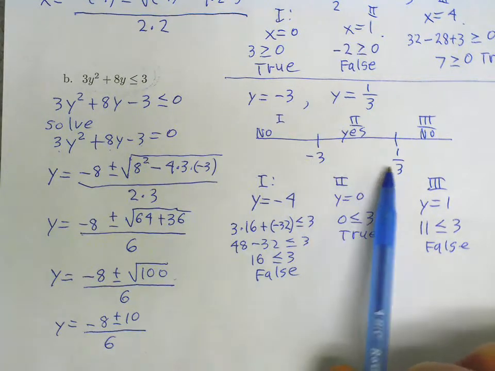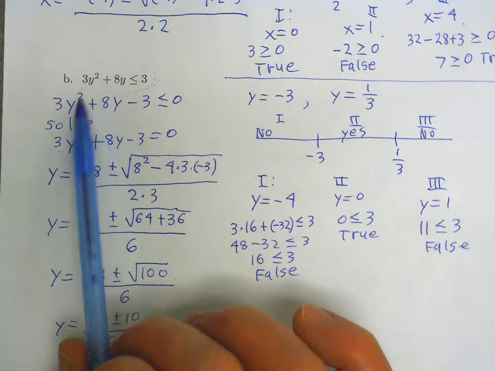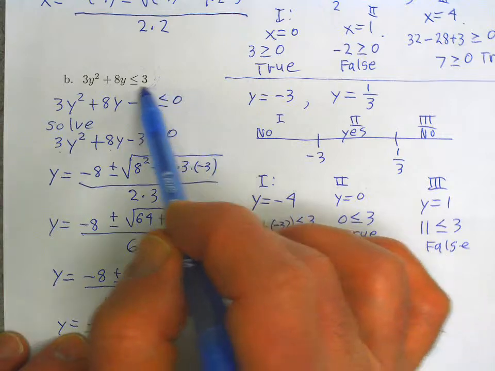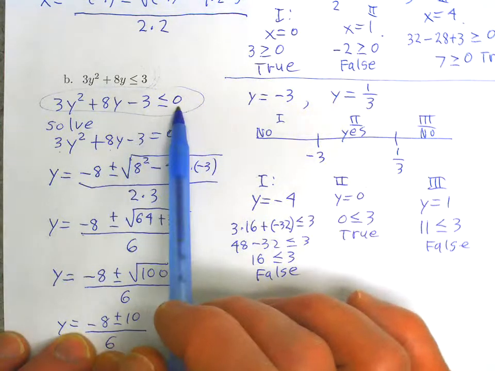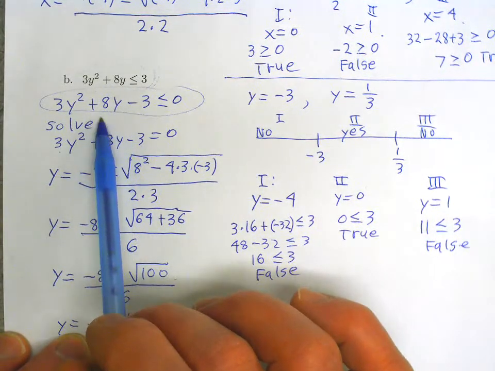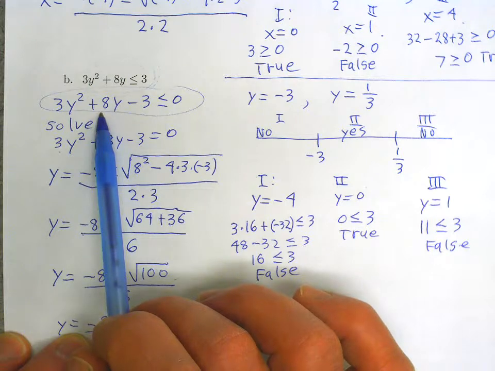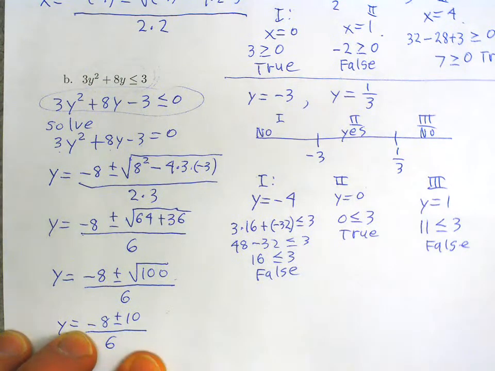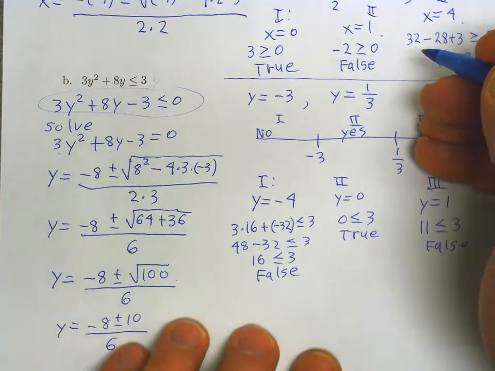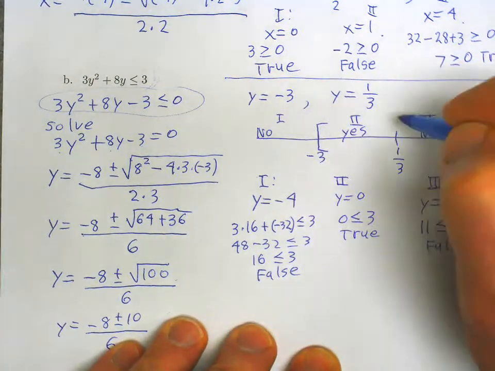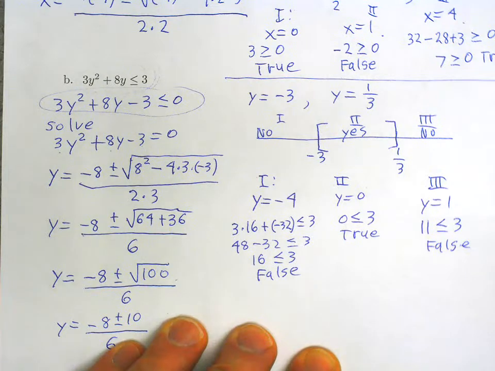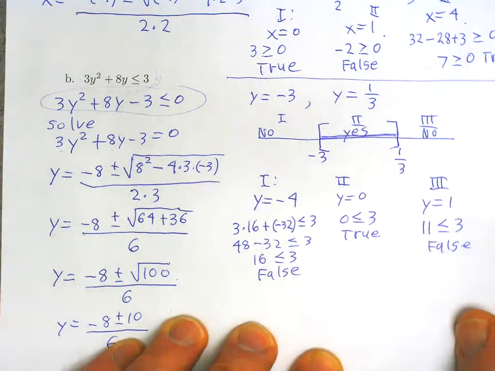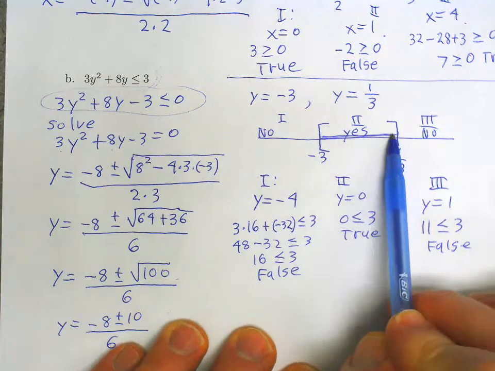Each of the two endpoints is what makes the left-hand side of the inequality in standard form 0. And 0 less than or equal to 0 is true. It's the or equal to 0 that makes it true. So we're including the endpoints. So graphically, we put a bracket at -3 and a bracket at 1/3, and then shade in the interval in between.